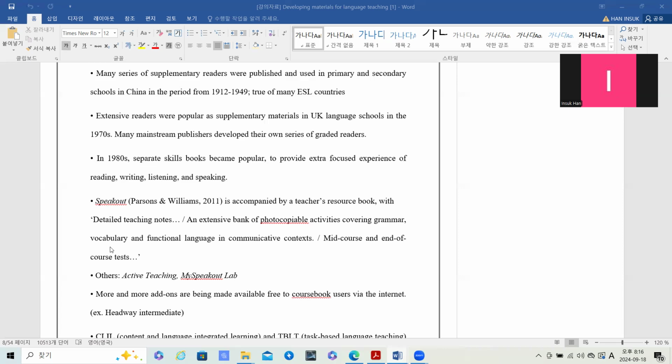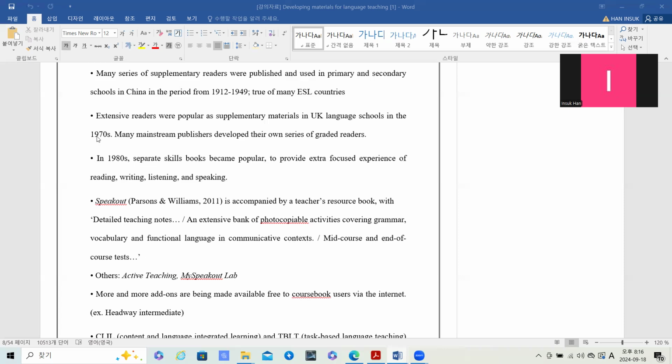So the book has detailed teaching notes and an extensive bank of photocopyable activities covering grammar, vocabulary, and functional language in communicative contexts, and mid-course and end-of-course tests as well.